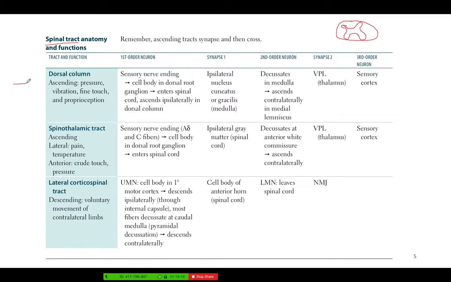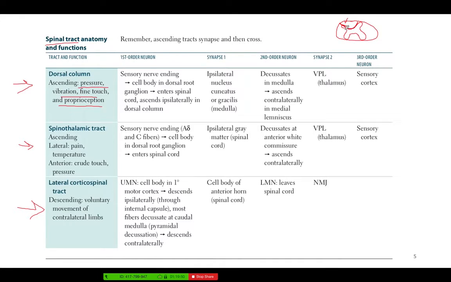So there are three major tracts in terms of sensory and motor, and how that information is transmitted through the spinal canal. So our dorsal column represents this area in the dorsal part of our spinal cord. Okay? Dorsal column is going to be responsible for transmitting pressure, vibration, fine touch, and proprioception from the periphery to our brain. Okay? So all the axons live in this area.